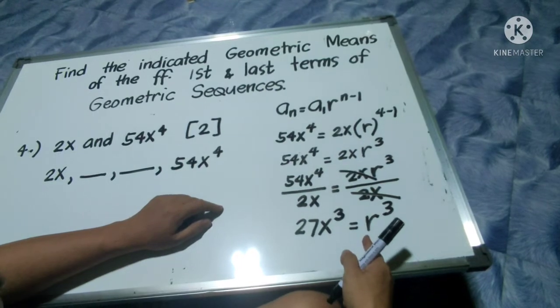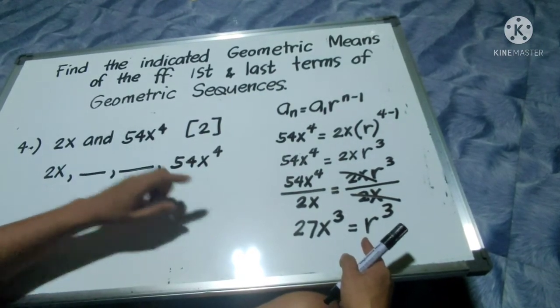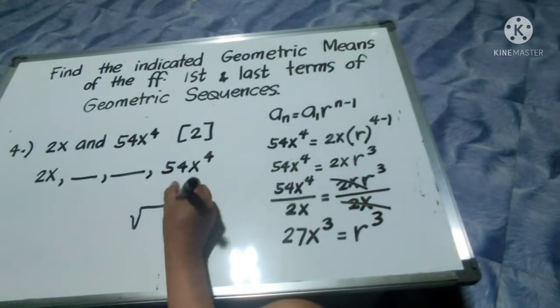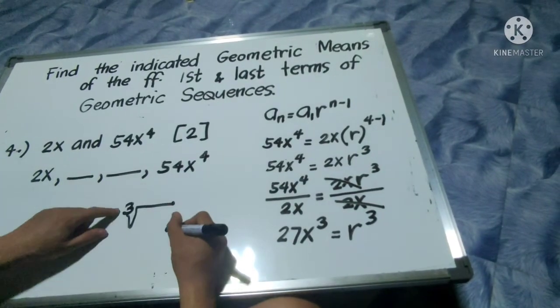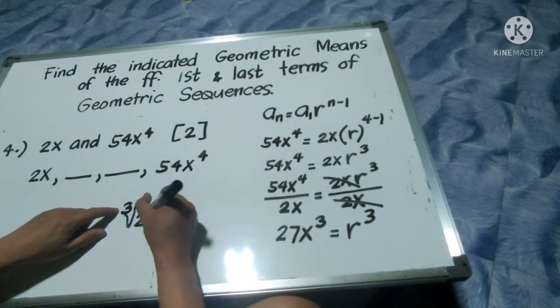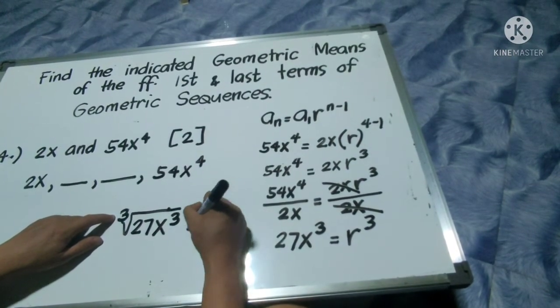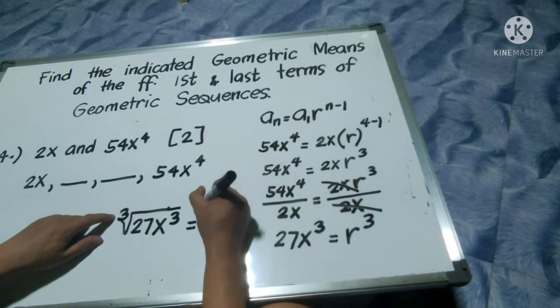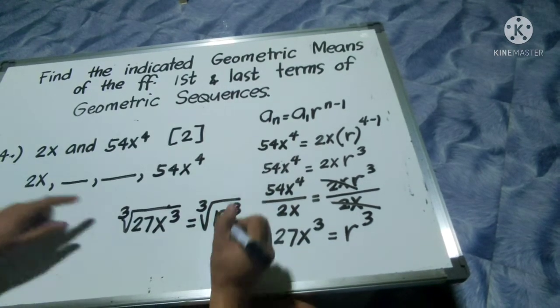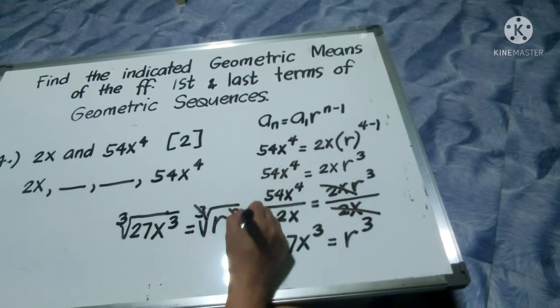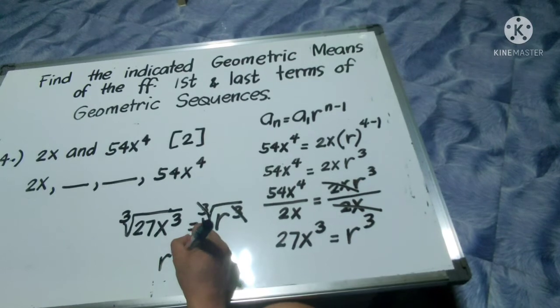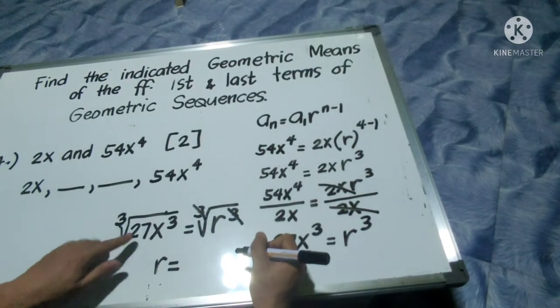We need r, therefore we need to get the cube root. So you will have cube root, do not forget to write 3 here, cube root of 27, x cubed is equal to cube root of r cubed. Cancel, cancel. You will have r is equal to, what is the cube root of 27?